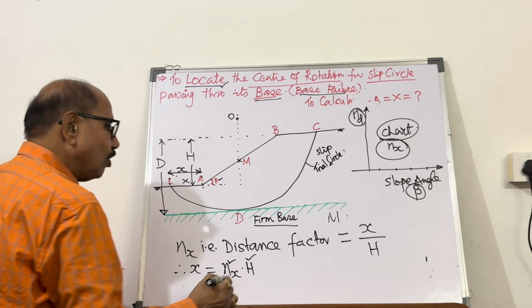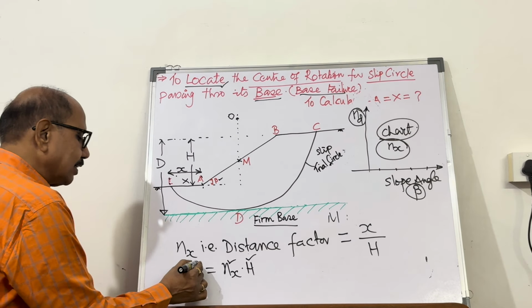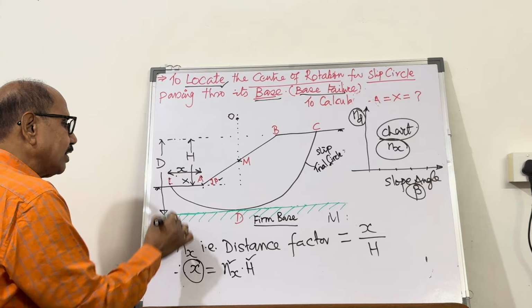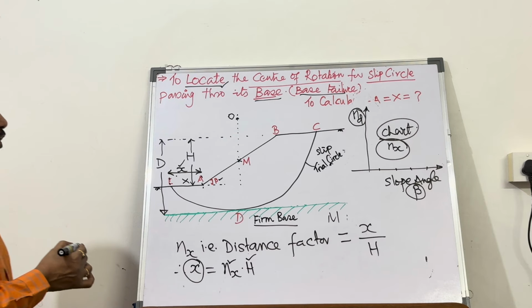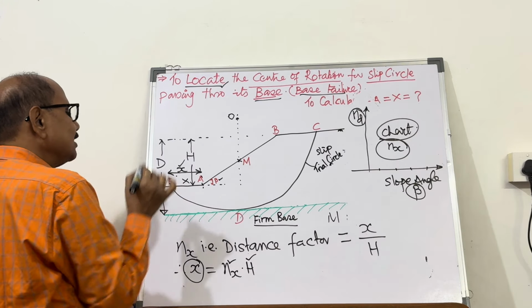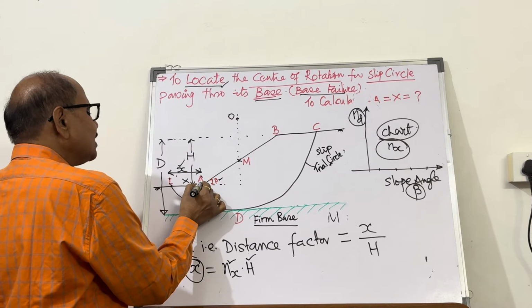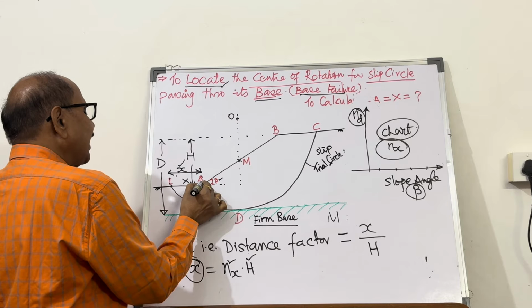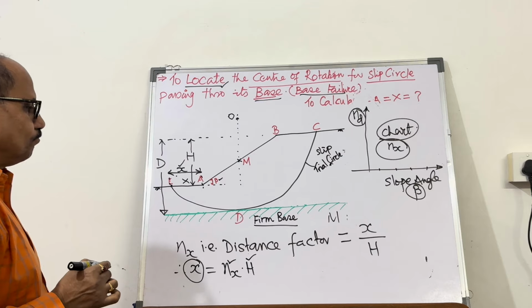This we have already obtained from the chart, and therefore we are in a position to find out this value of x. So what we know now is this point E is fixed. We know the value of x. So from this to A, you can measure this distance and fix up the point E.